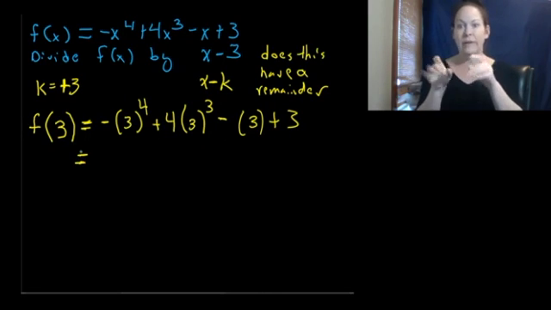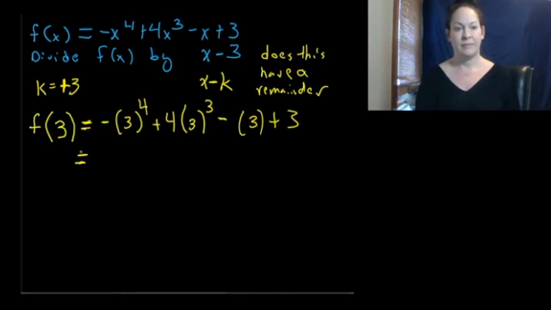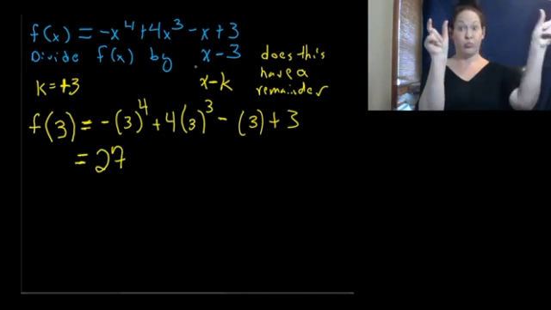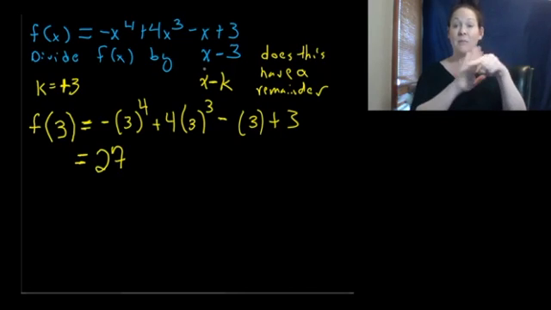So negative, parentheses, 3 to the 4th, plus 4 times 3 cubed, minus 3 plus 3, and I get 27. So if I were to divide this function by x minus 3, I would get 27.